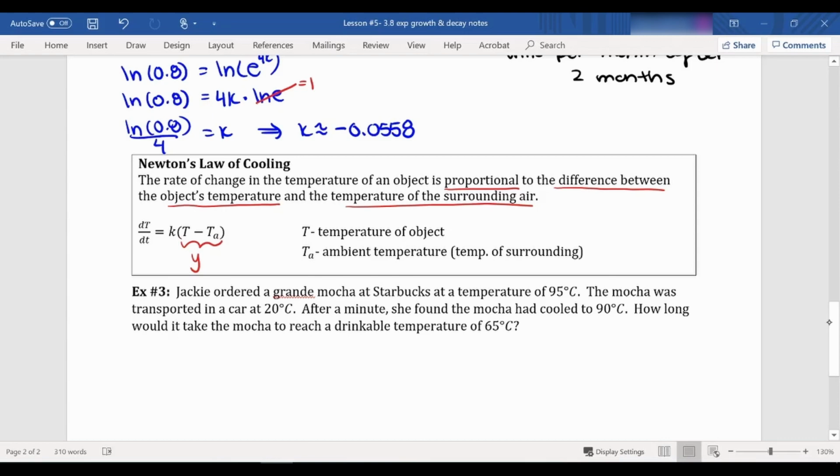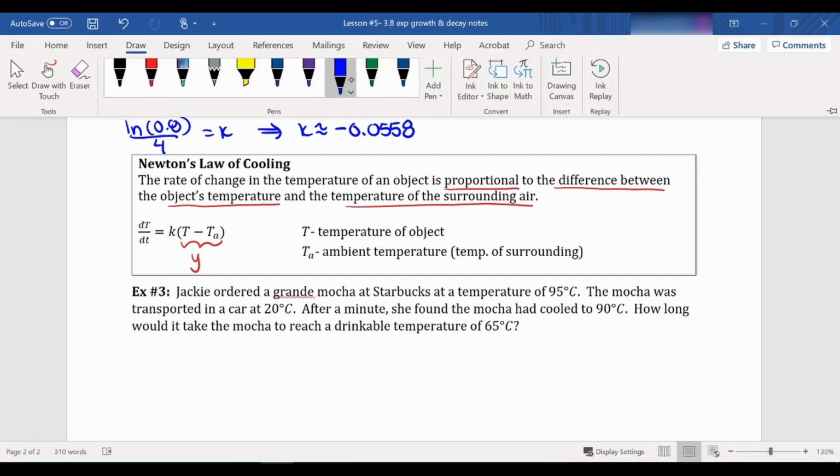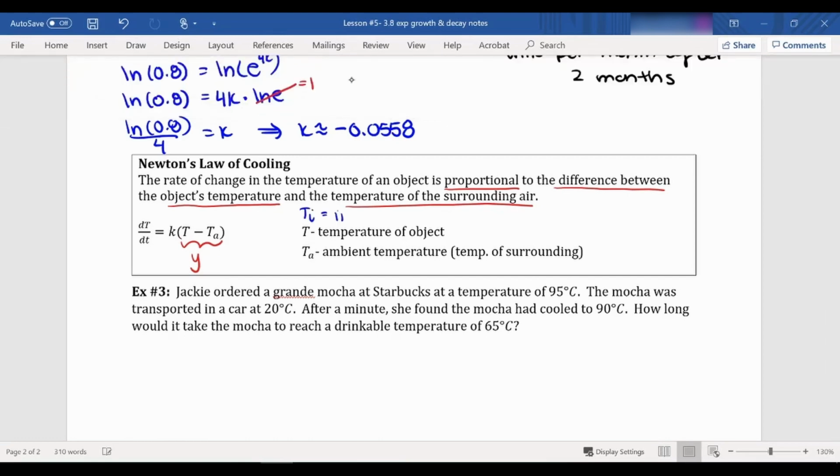If we have our initial temperature, I'm going to add Ti here as the initial temperature. Big T is the temperature of the object at time t.